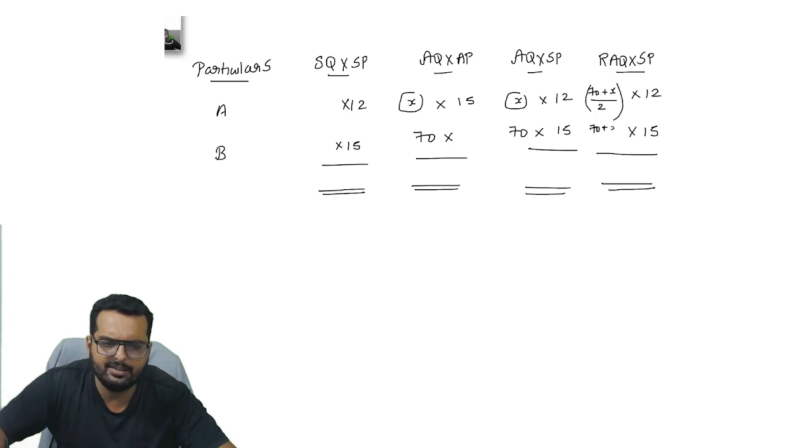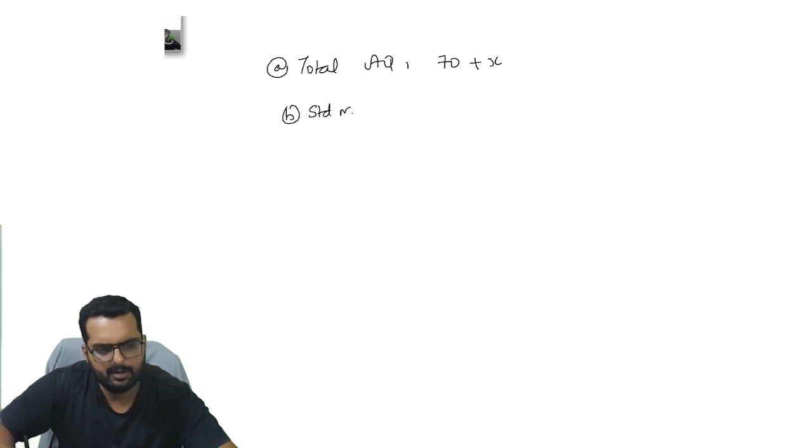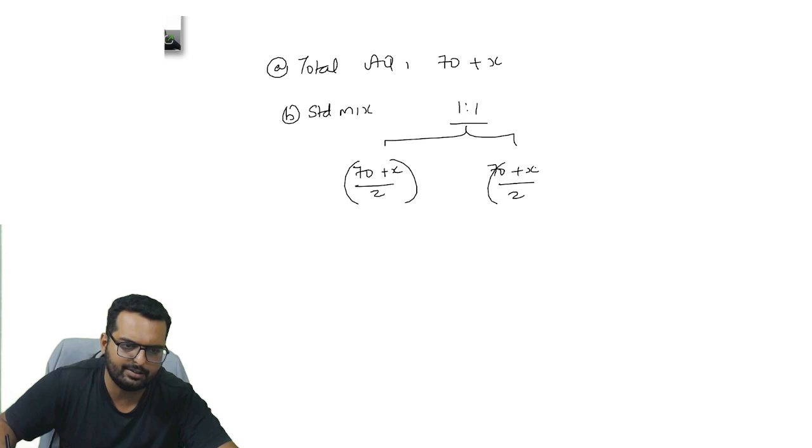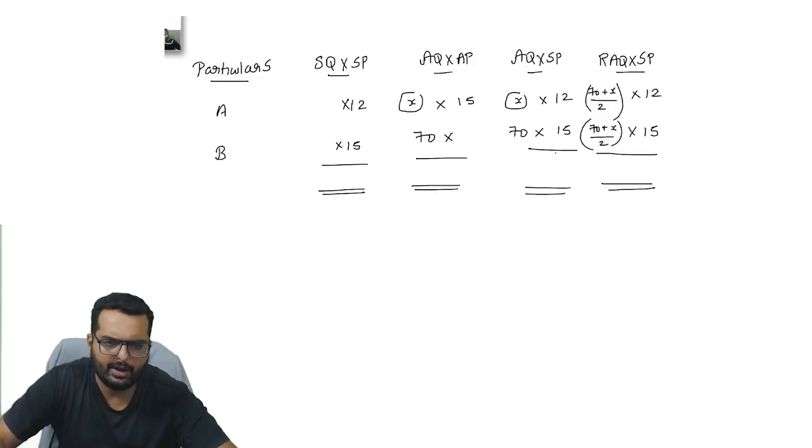Did you understand this step, friends? I'll write down point number A, total actual quantity will be 70 plus X. Standard mix is 1 is to 1, so it will be 70 plus X by 2, and here also you will get 70 plus X by 2. Everybody clear?